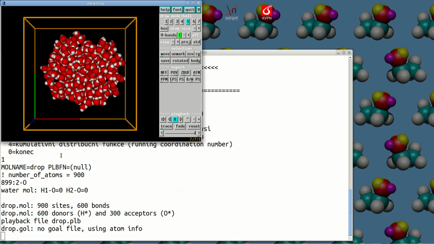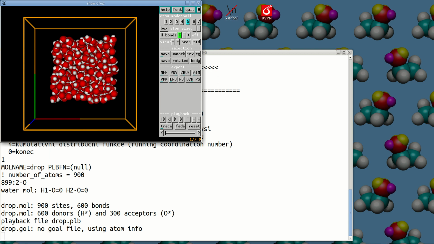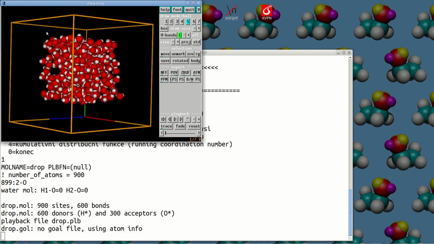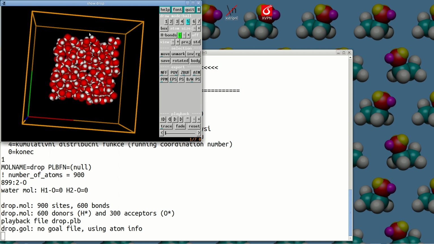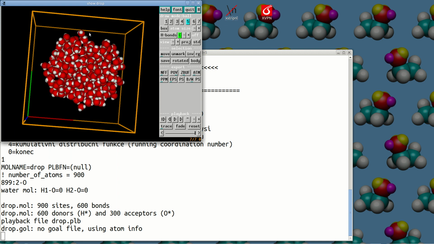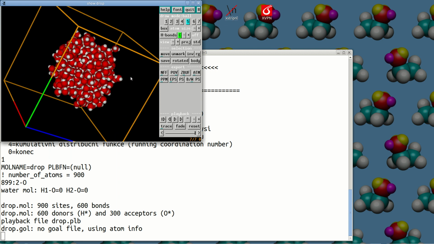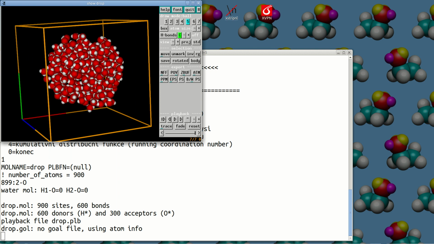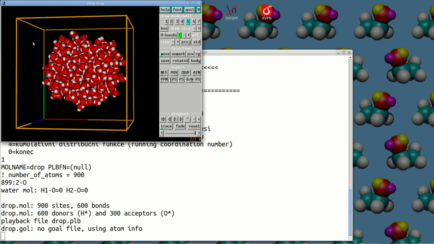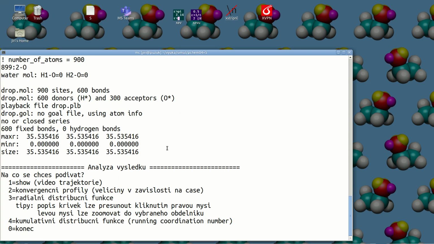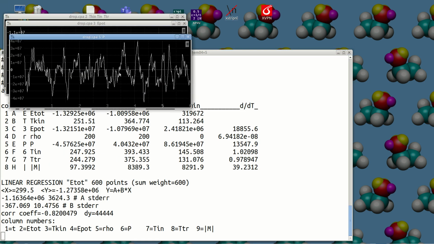So what we got is here. This is the starting point of this step of the simulation, and step by step this cube made something which is pretty spherical.